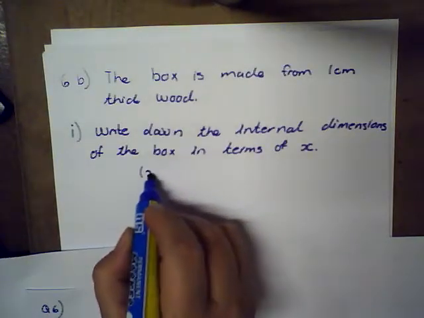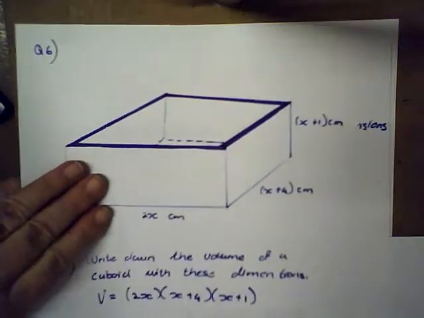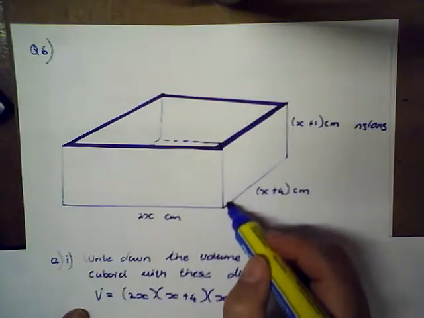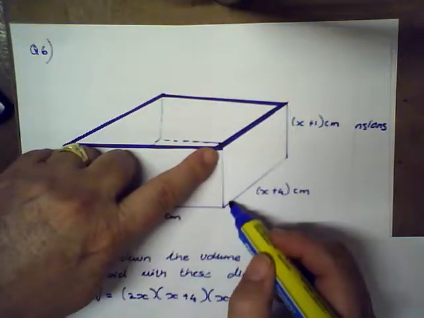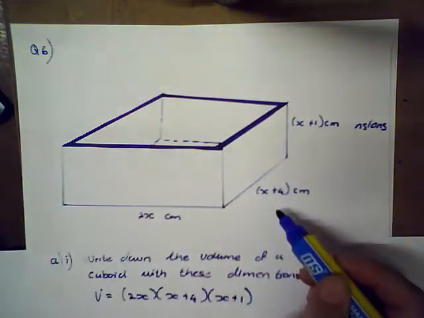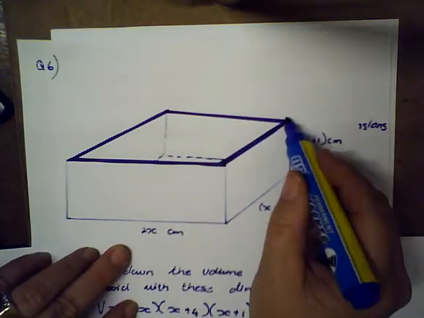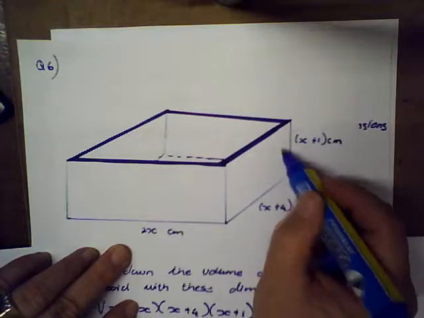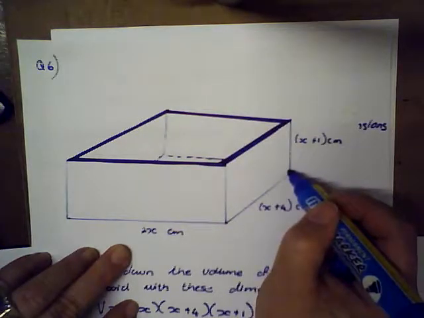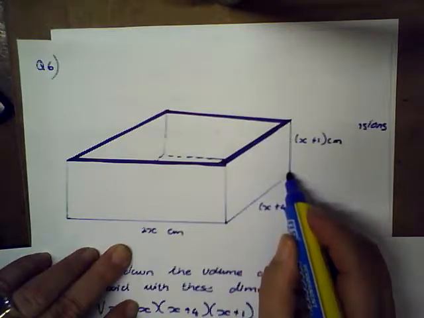So the first one would be 2x minus 2. Okay. This one will change 1 centimeter here and 1 centimeter on that side. So it would be x plus 2. Okay. This dimension here, we will just not use the bottom 1 centimeter because now it is 1 centimeter thick.